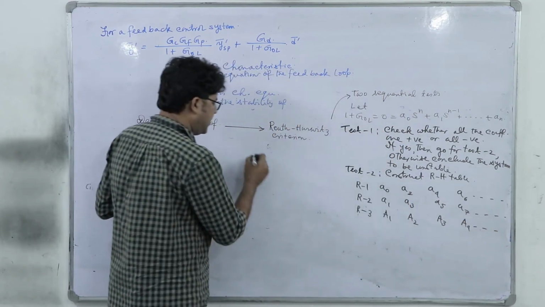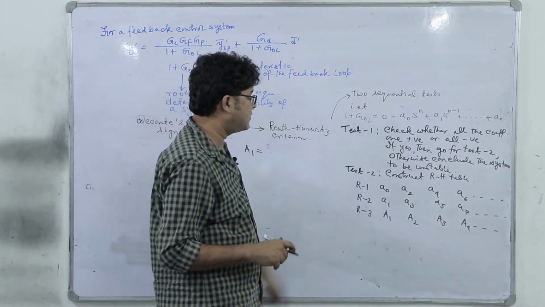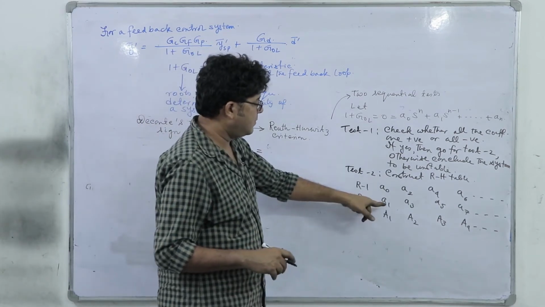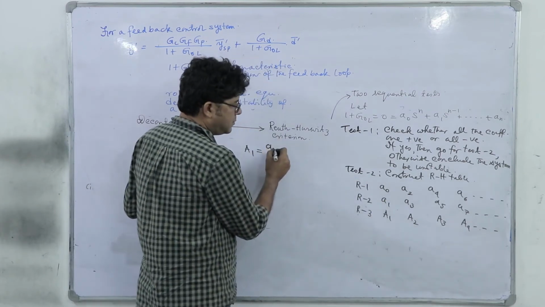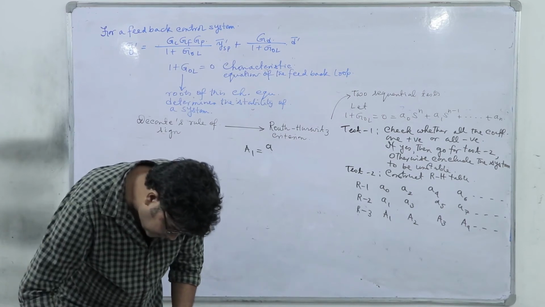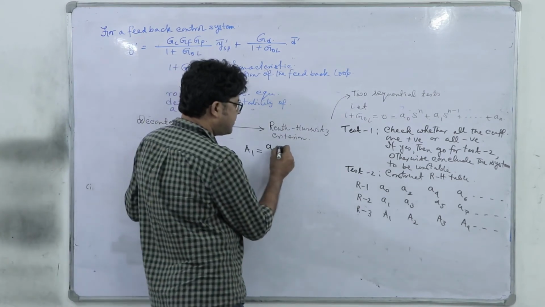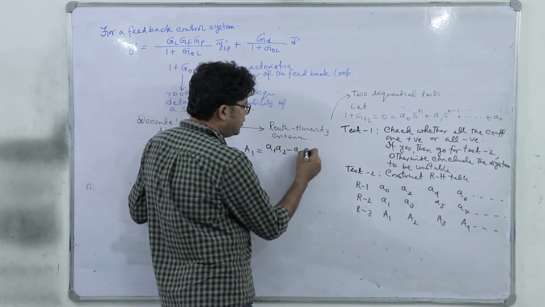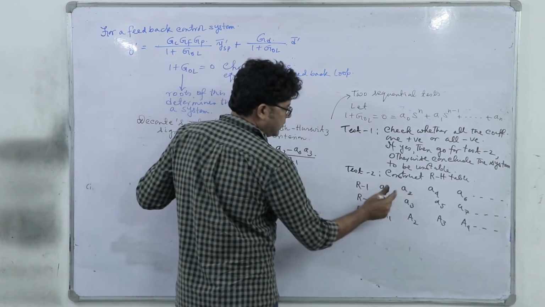Now, what is capital A1? This is a direct implementation of Descartes' rule of sign. Capital A1 is (A1 into A2 minus A0 into A3) divided by A1.